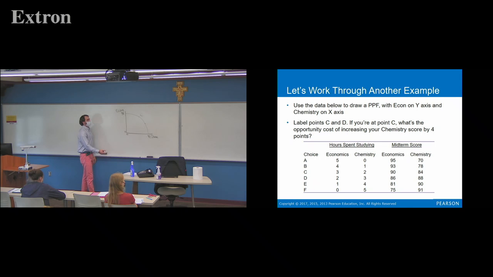So if we're going to label that, point C is what? 90 for econ, and what is it for chemistry? 84. I was just being lazy and didn't want to look over there while writing. And point D somewhere more down there, so that's what? 86 econ, or 88.